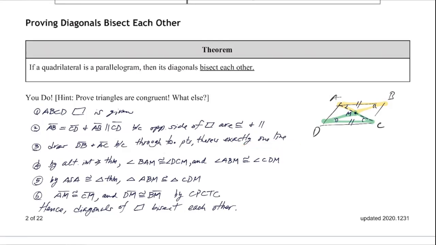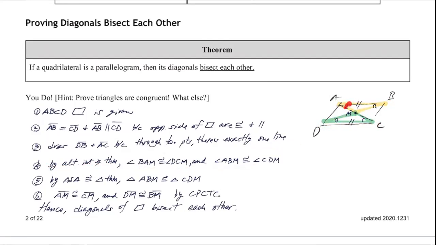And by the alternate interior angles theorem, BAM is congruent to DCM. See that? And then this angle, ABM, is congruent to this angle, CDM, right?